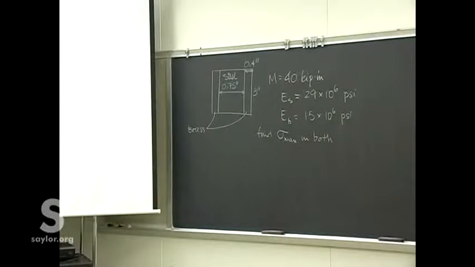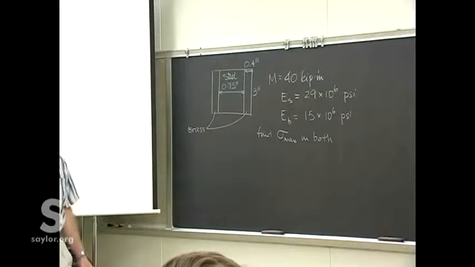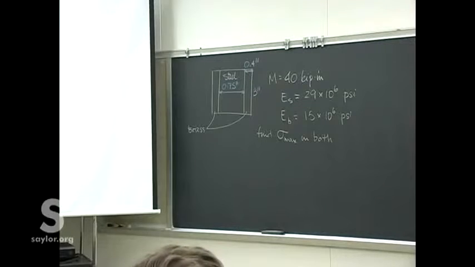Now, it's not a calculation we can do straight away because we can only analyze a beam of uniform cross-section, homogeneous material. So we have to take this one and replace it with an equivalent beam, entirely new cross section.